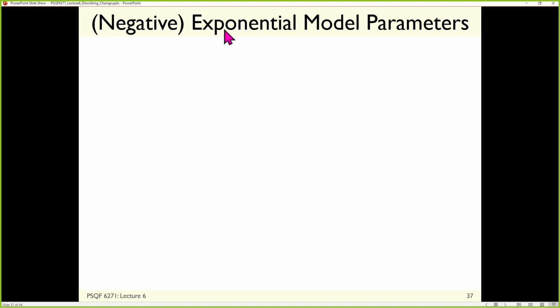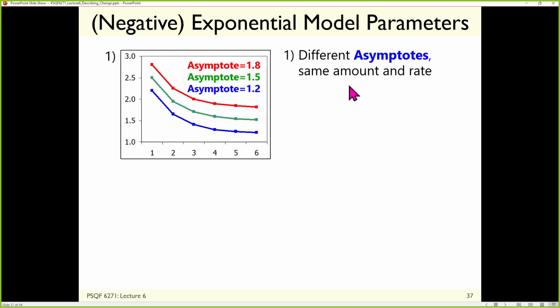So here is one way that we can set up a negative exponential model. There are alternative parameterizations, but the one that I'm using has 3 different parameters, which I'll demonstrate here. So one of those parameters is an asymptote. And in this context, we're talking about a lower asymptote because response time is going to keep improving up to some point where you just can't get any faster.